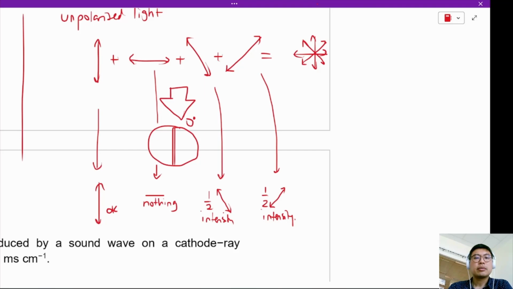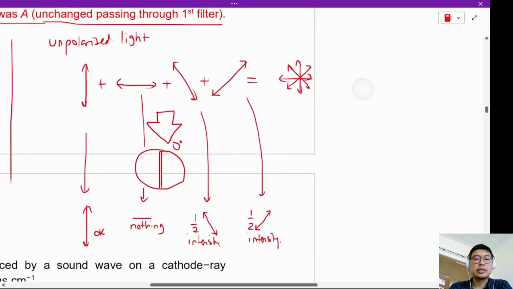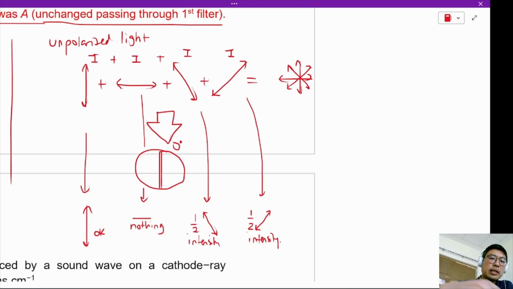Now let's take a look at the original intensity. Let's assume that the unpolarized light is made up of 4 components, each with intensity I. So the unpolarized light will have an intensity of 4I.